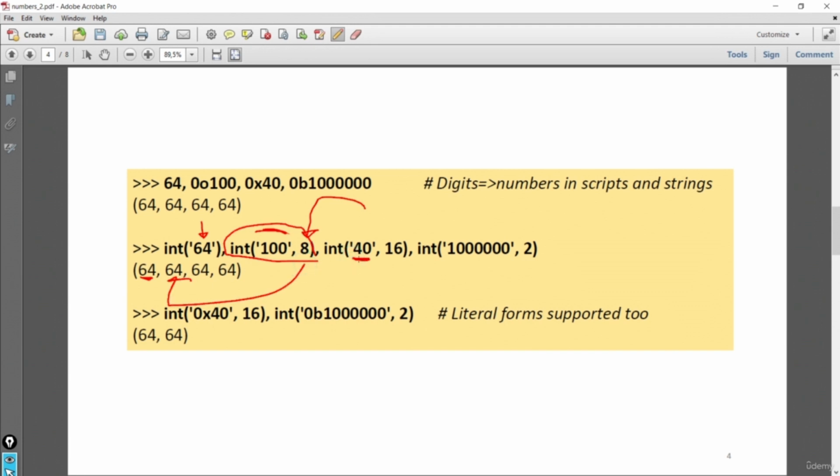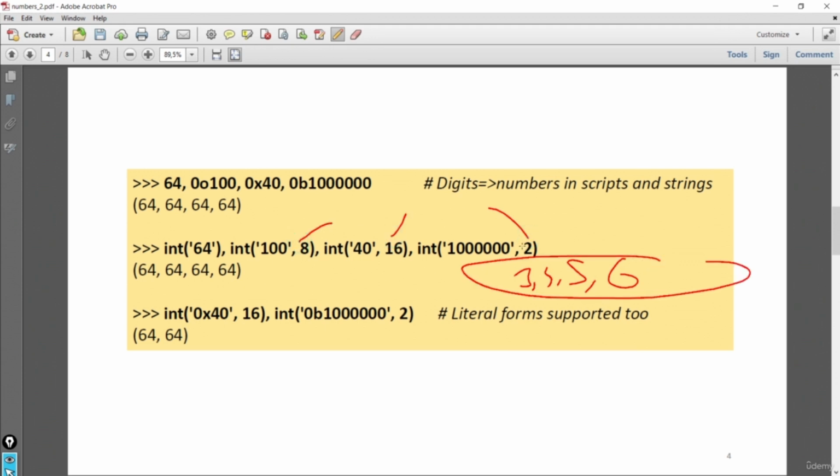This is a number in base 16, this is our base. Automatic conversion is performed, 64 is obtained. This is a number in base 2. After the comma we provide the base information. Okay, we can write other bases also, like 3, 4, 5, 6. These bases are the most commonly used ones, but other bases are also possible here.